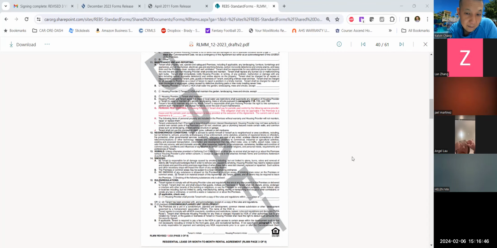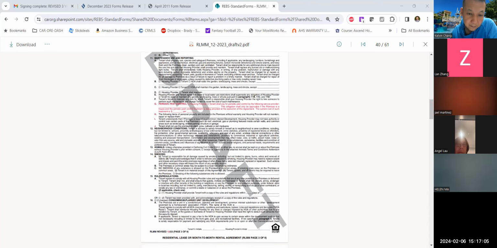And because of the fault of the property, maybe that's where the housing provider should pay for the leak repair and the subterranean termite spray. Okay? So that's the only other change, to designate whom to pay for the pest control, if any.